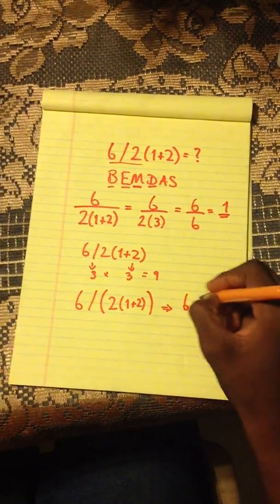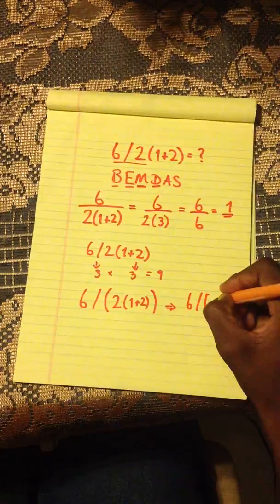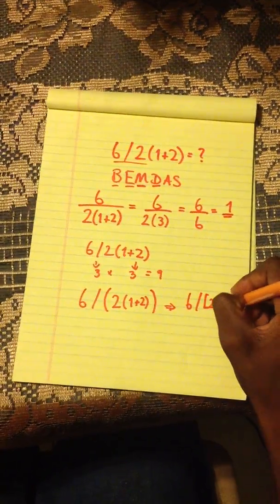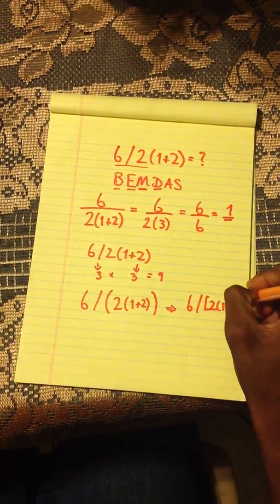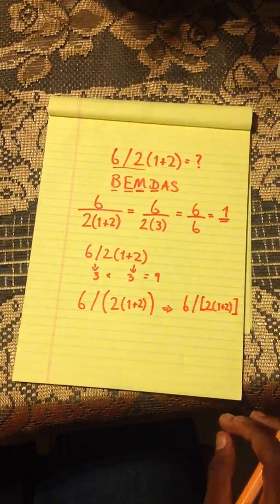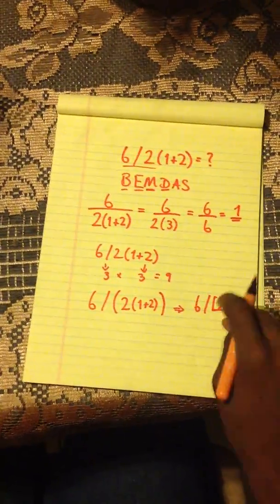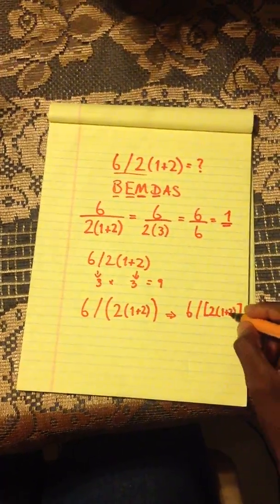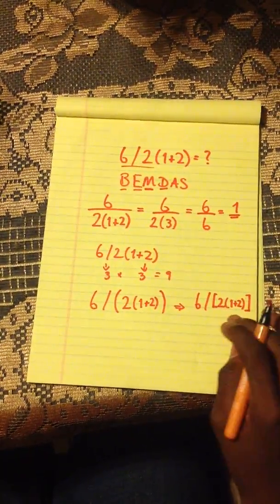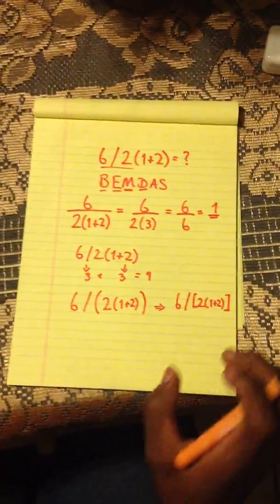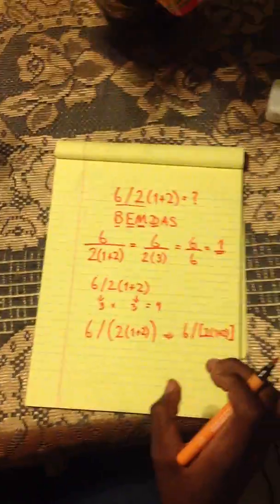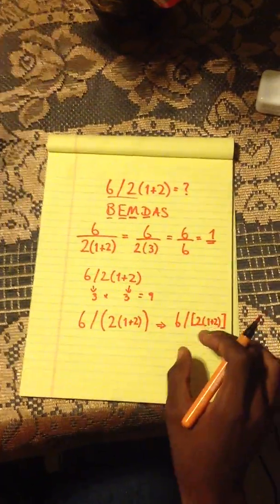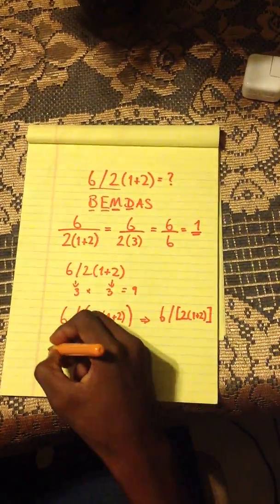So you would have 6 divided by open bracket 2, open bracket 1 + 2, close that bracket, and then you close the entire bracket, because like I said earlier, this part of the equation, 2(1 + 2), must be handled as one number. So hopefully that clarifies things.